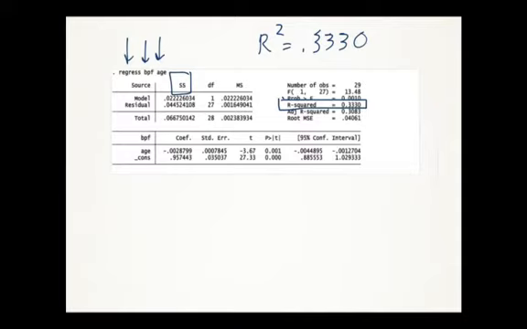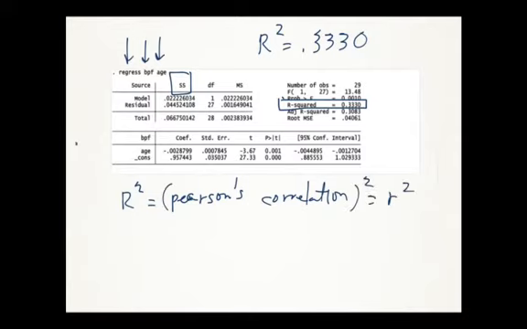And so how does the R-squared value compare to r, which was Pearson's correlation coefficient? Well, as you might have guessed, R-squared value is just Pearson's correlation squared, little r squared, okay?